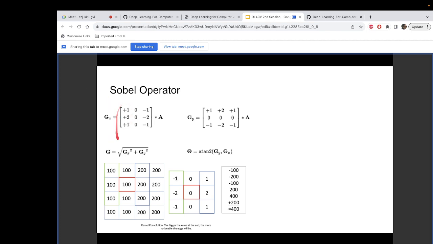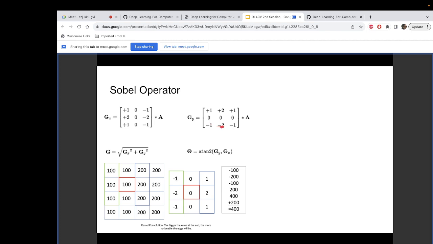Just remember that this gx is meant for detecting vertical edges, and this gy is meant for detecting horizontal edges. Why horizontal? If you take this filter, at a central location I am trying to see what is there above me and what is there below me, and whether these two are very different from each other.